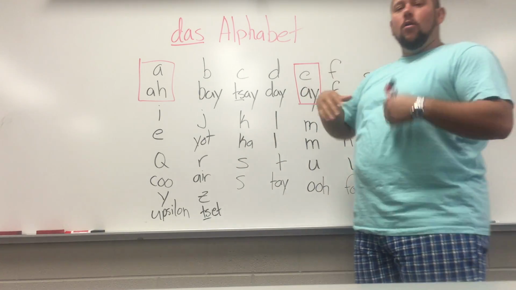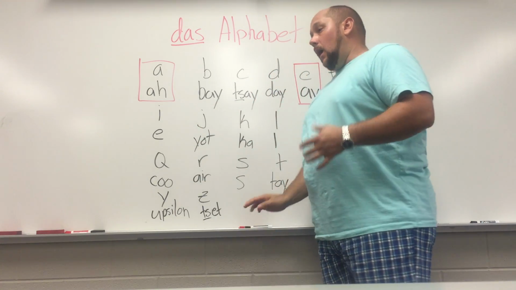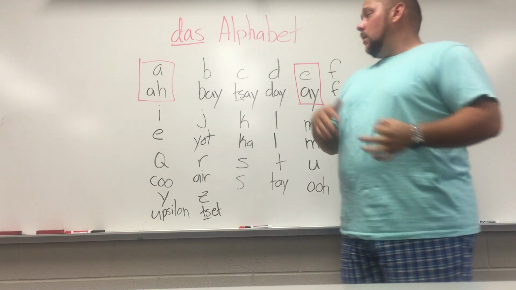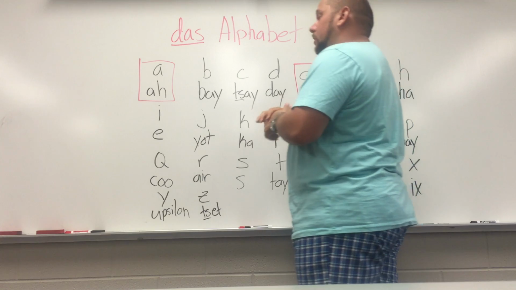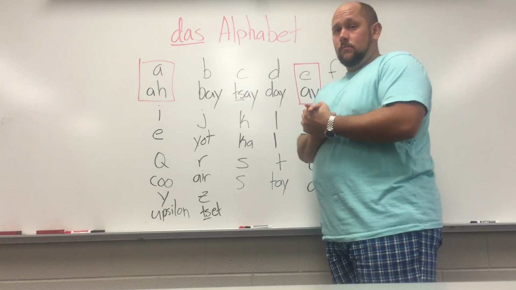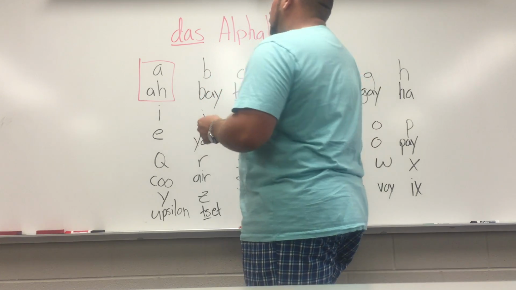All right, so whole alphabet. Let's go through it all the way one time. You can either do it with me, you can try and do it on your own, whatever you feel like doing, but you are going to need to practice this so you can do it in class for us. Okay? So here we go, whole alphabet, straight through.